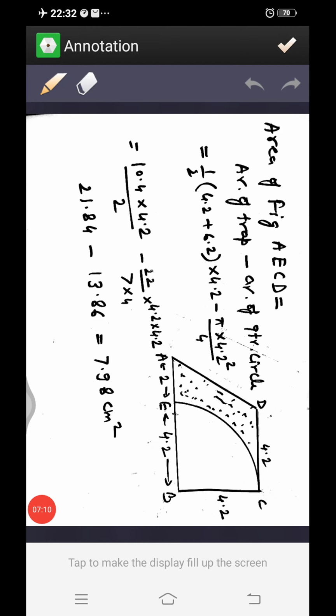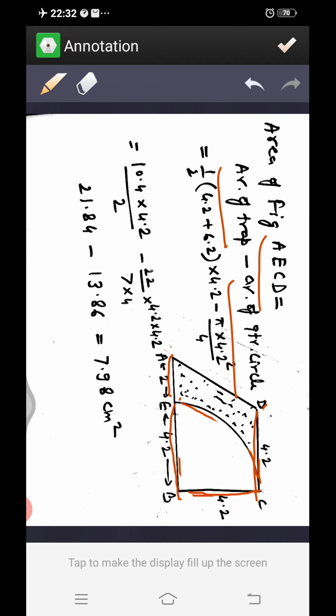So area of figure AECD, this is the remaining piece of card. Here from this trapezium we have cut out this quarter circle, so we get only this shaded portion left. So you see, area of trapezium minus area of quarter circle. BC is given 4.2, this much is given 2, this is also 4.2 given.